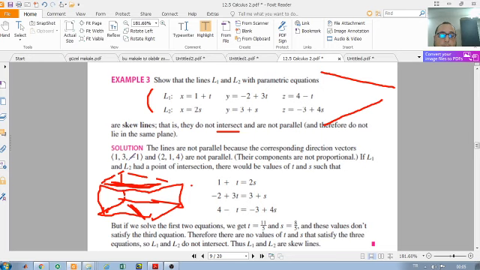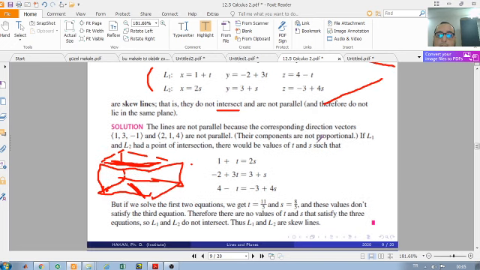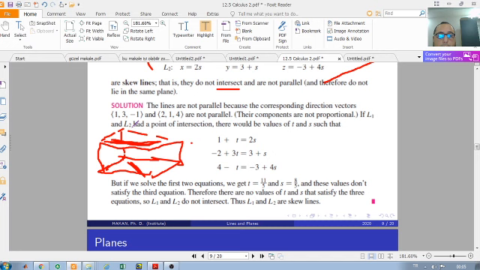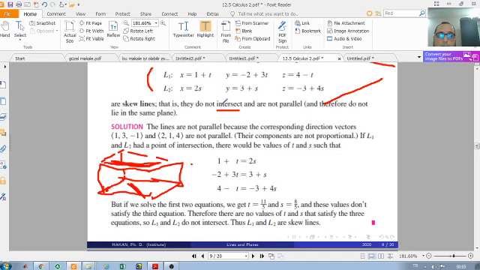Therefore the first one is not a multiple of the second one, so they are not parallel; their components are not proportional. That proves the first condition for skew lines.